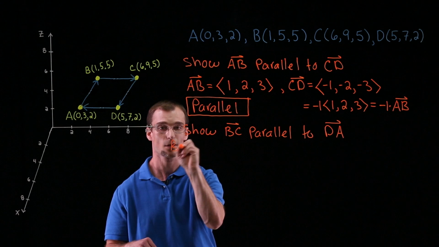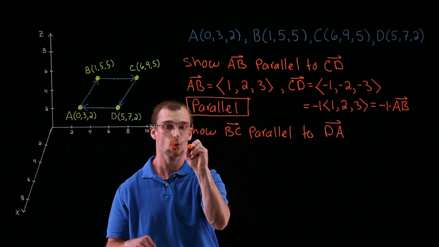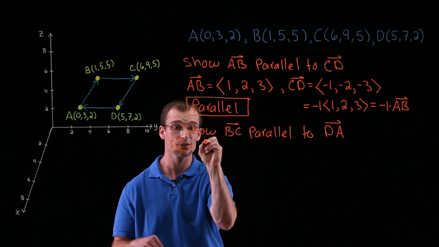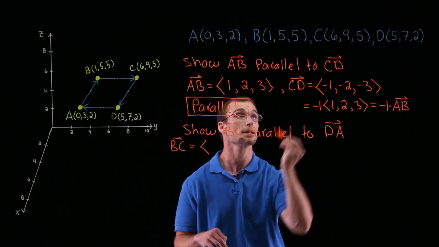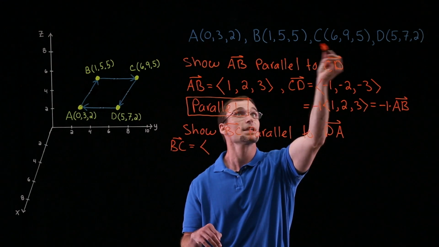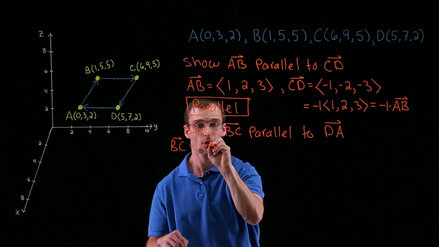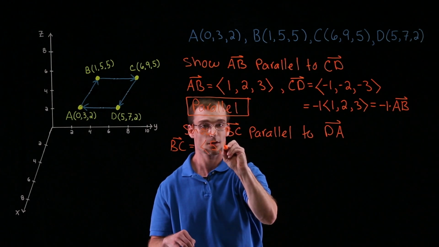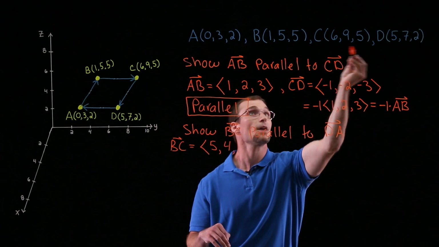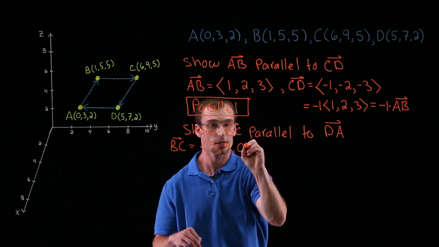We'll find the vectors in component form. So our vector from B to C: C is our terminal point, B is our initial point. So subtracting, first component 6 minus 1 gives us 5. Second component 9 minus 5 gives us 4. And 5 minus 5 gives us 0.